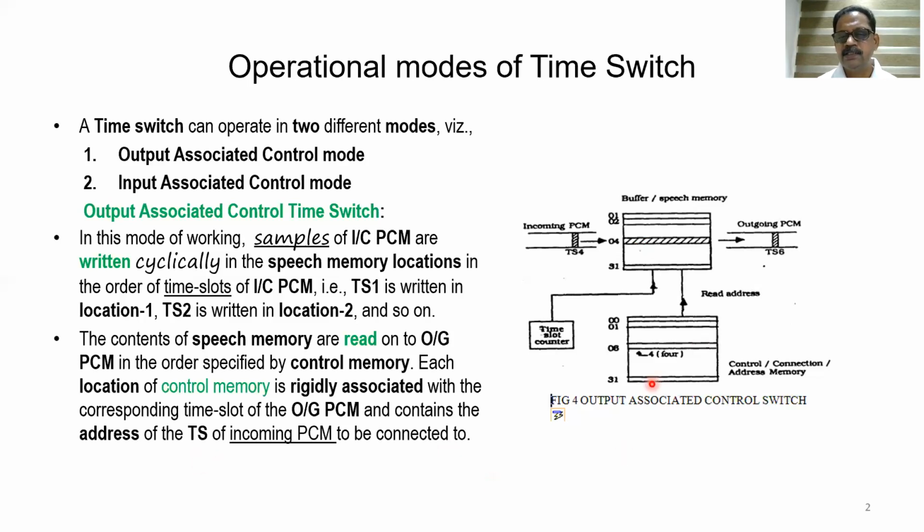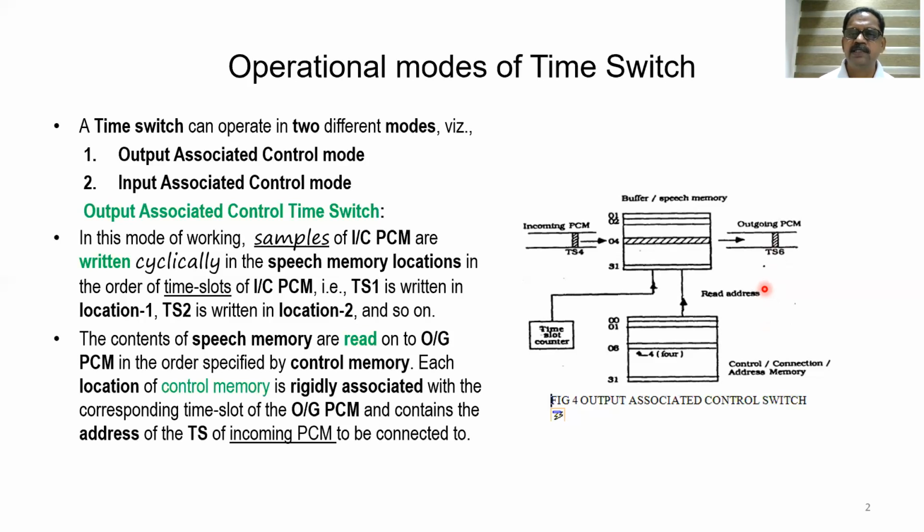So each control memory location is rigidly associated with the outgoing PCM time slots. That means in this example, location 6 of control memory is associated with time slot 6 of the outgoing PCM, because we are supposed to transfer the information onto time slot 6 of outgoing PCM.